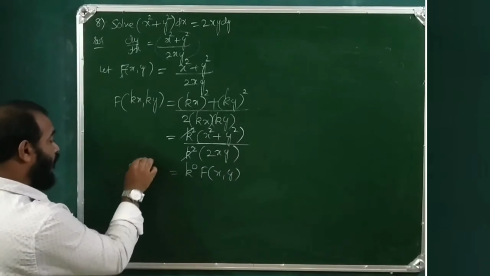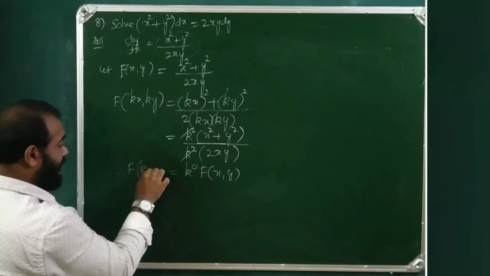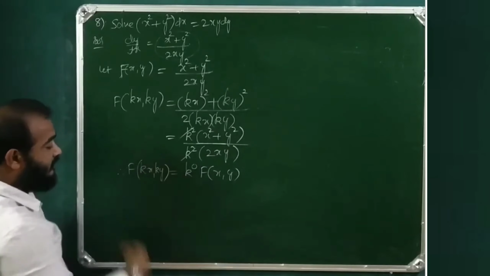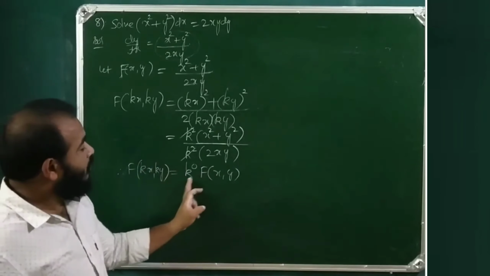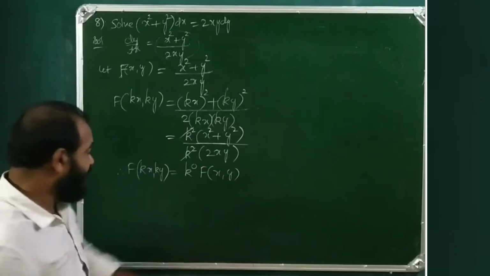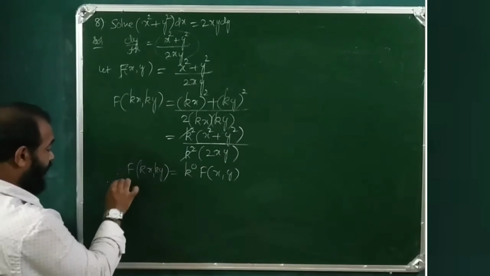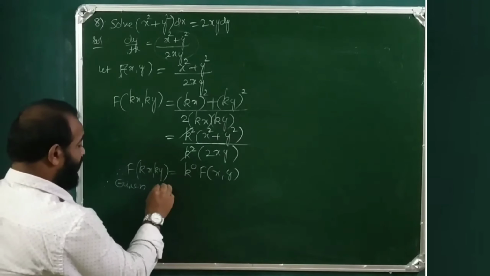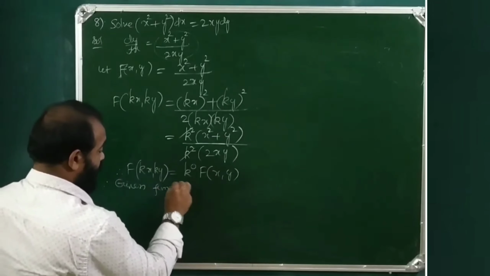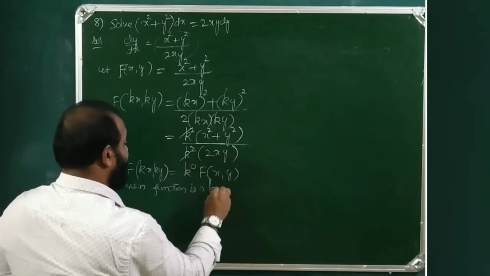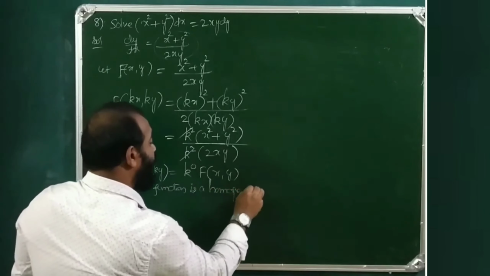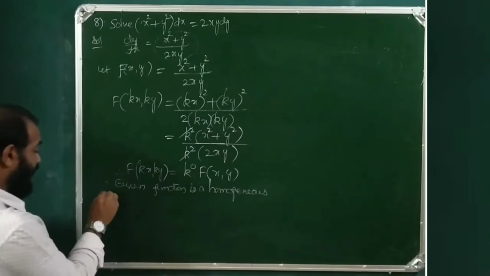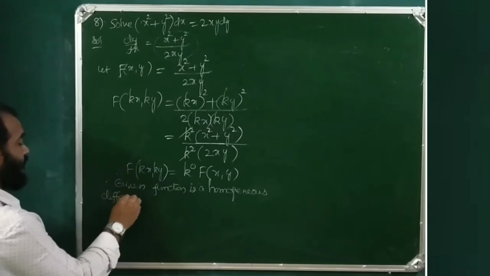Therefore, f of kx, ky is equal to k power 0 into f of x, y. Therefore, the given function is a homogeneous differential equation.